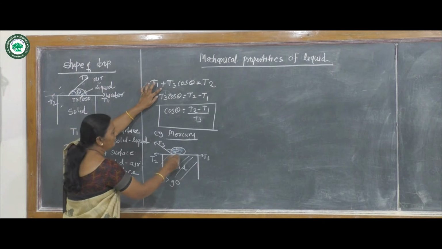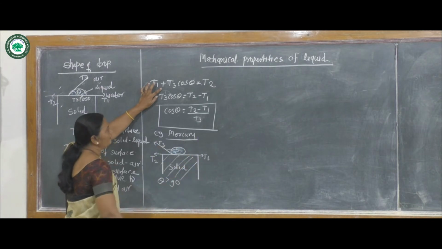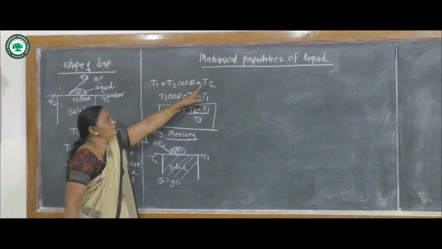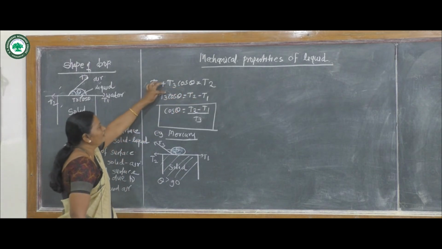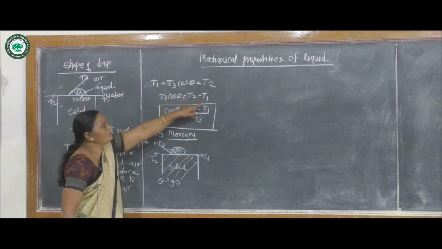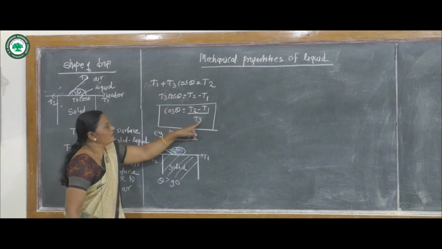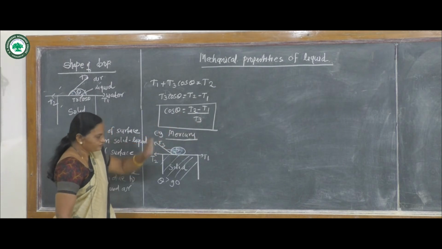T1 plus, since these vectors are in the same direction, T3 cos theta is equal to T2. Then T3 cos theta is equal to T2 minus T1. Cos theta is equal to T2 minus T1 divided by T3.